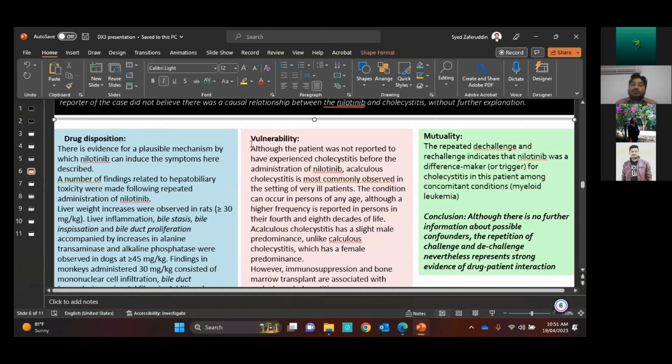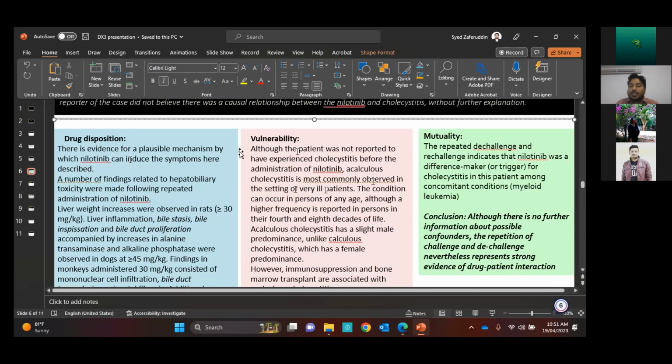Coming towards the patient's vulnerability, whether the patient is vulnerable to get such kind of adverse drug reaction. When we examine the patient's data, we conclude that although the patient was not reported to have experienced this event before the administration of nilotinib, acalculous cholecystitis is most commonly observed in the setting of very ill patients.